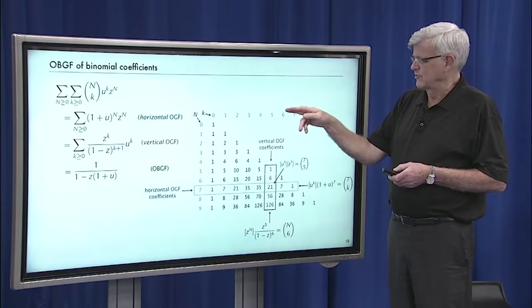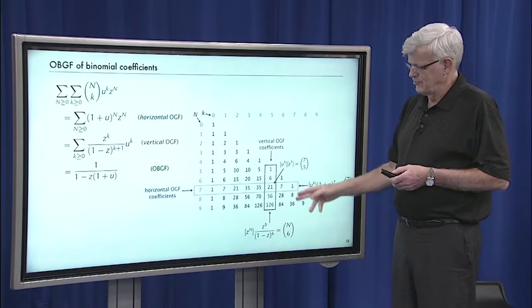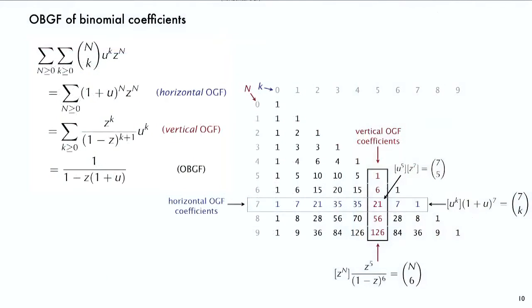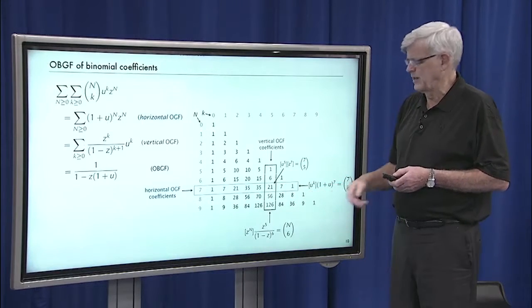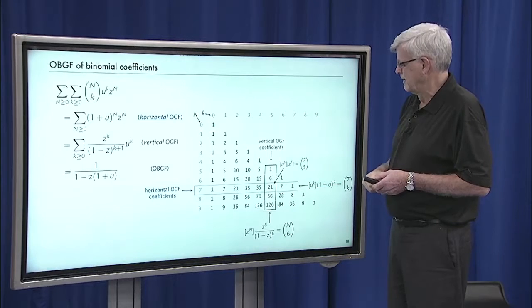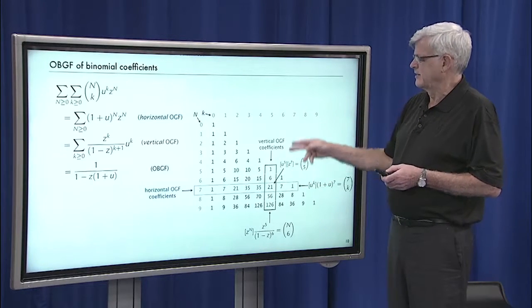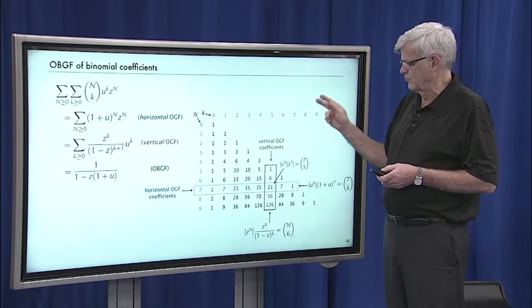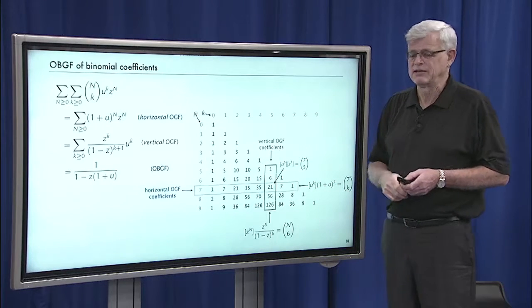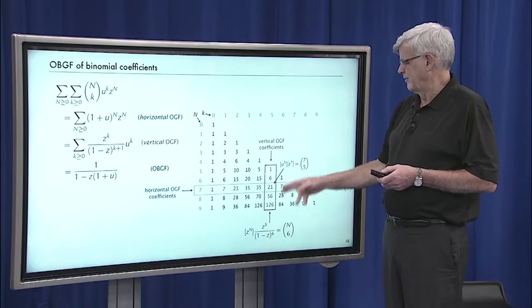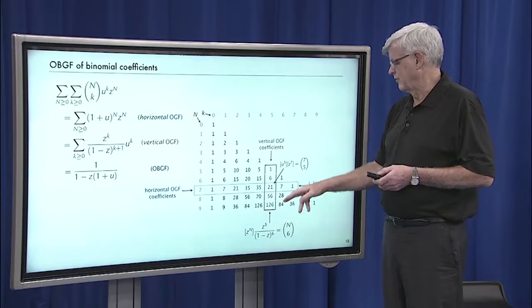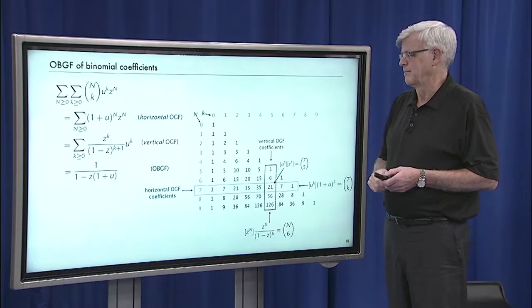If you look at that function, which we call the vertical OGF, as a generating function where u is the variable, the coefficient of u^k is z^k over (1-z)^(k+1). So that's another way to analyze this generating function. For a fixed k, it gives the number of strings with k bits as n increases. So there's 126 9-bit strings with 5 bits and so forth.